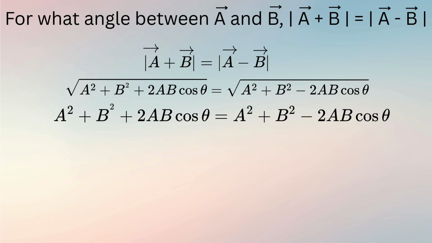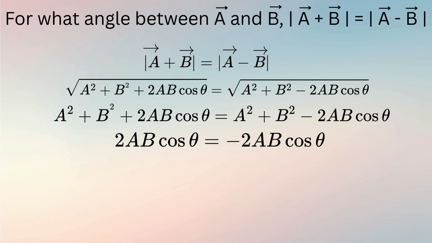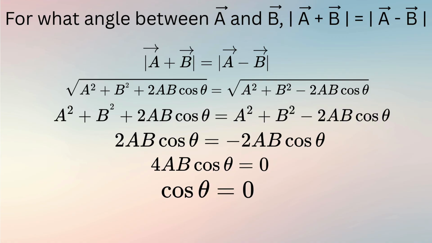Now we can just cancel out a squared and b squared from both sides. So we are remaining with 2ab cos theta equals minus 2ab cos theta. Adding 2ab cos theta to both sides, we have 4ab cos theta equal to 0. Dividing the equation by 4ab, we are left with cos theta equals 0.